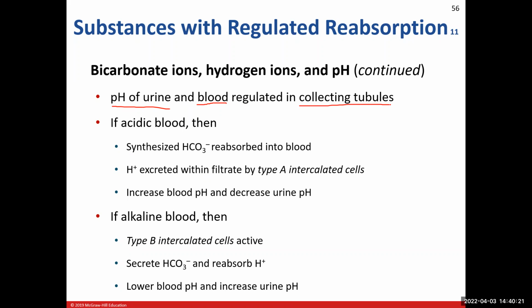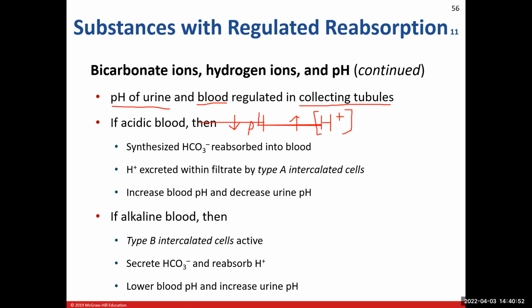So let's start off with acidic blood. If something's acidic, that means it has a low pH value, and therefore if it has a low pH value, then it has a high hydrogen ion concentration. High hydrogen ion concentration.